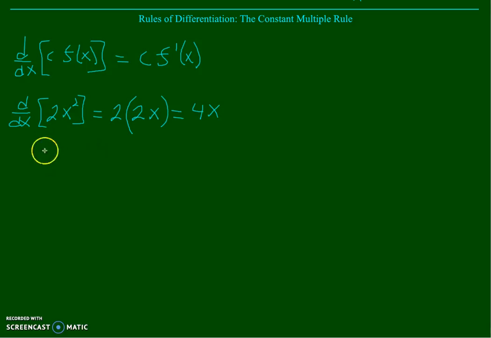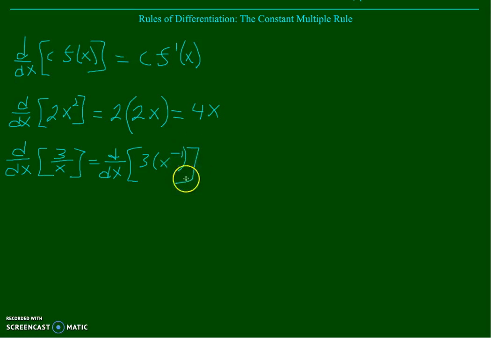Let's do another example that's not quite so obvious. Derivative with respect to x of 3 over x. Now, to do this, we're going to rewrite the derivative with respect to x of 3 times x to the negative 1.